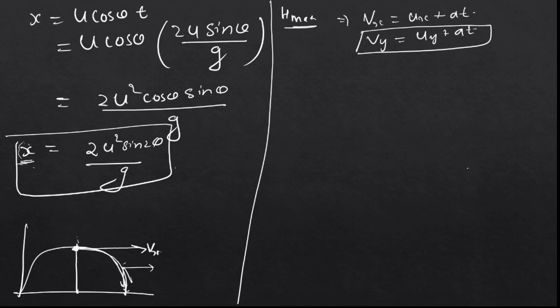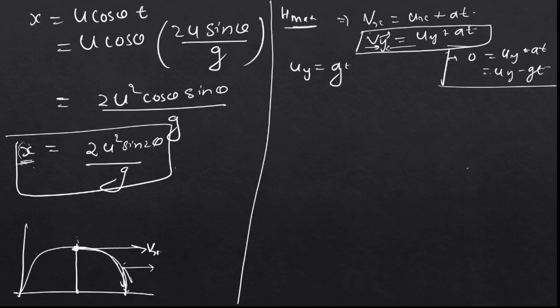Because along the y-axis there is no component of velocity, 0 is equal to uy plus ay t, and along the y direction the acceleration is g, so it will be uy minus g t.